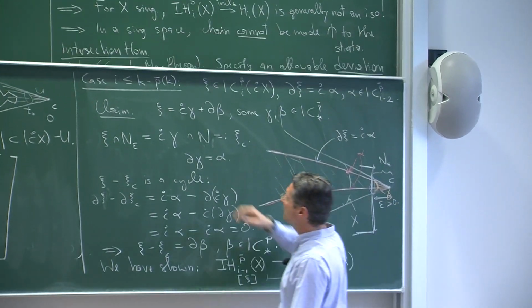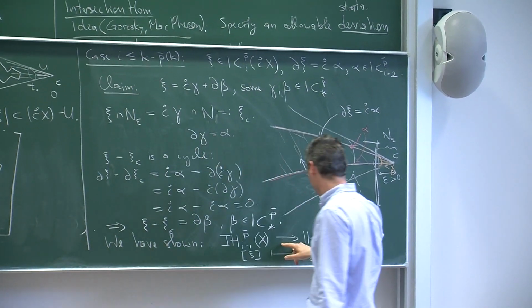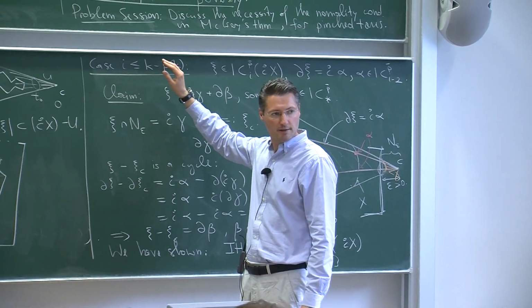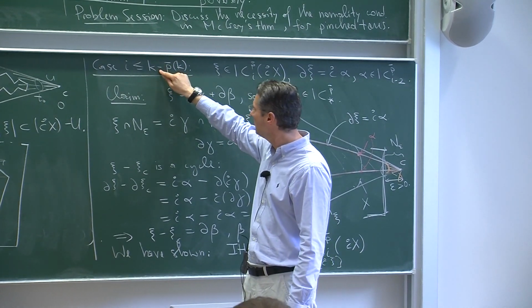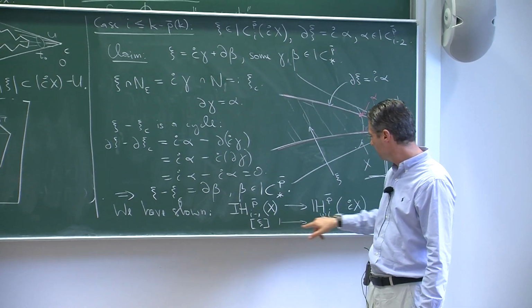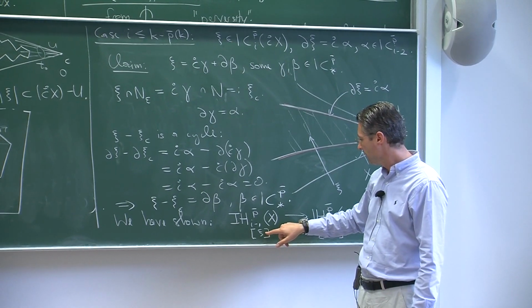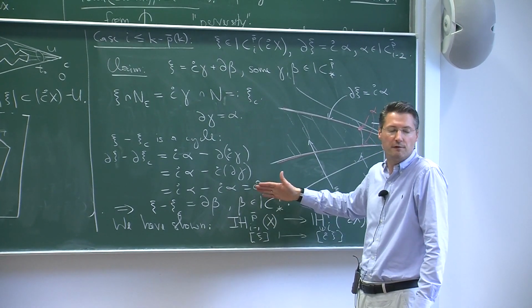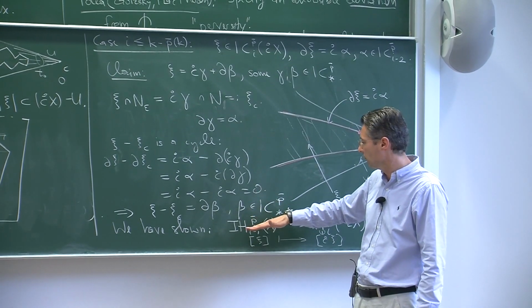And then under this assumption, this is well defined. In fact, if i is exactly equal at the cutoff case, if i is exactly equal to k minus pk, this map coning will actually be well defined only on cycles. Then you need the boundary of this to vanish. But this is fine if I only want to consider it as a map on homology.